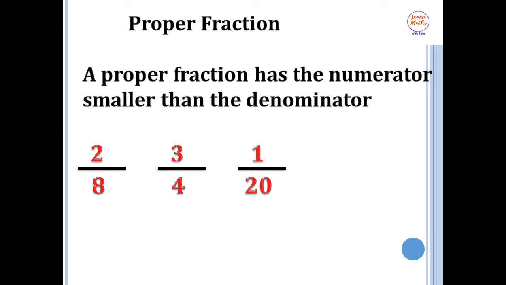We have 1 over 20, where 1 is smaller than 20. 5 over 9, where your 5 is smaller than 9. So these are examples of proper fractions. They just follow the proper way fractions should be.